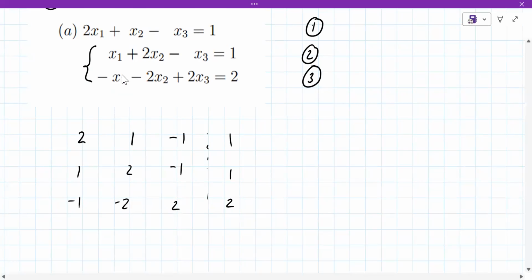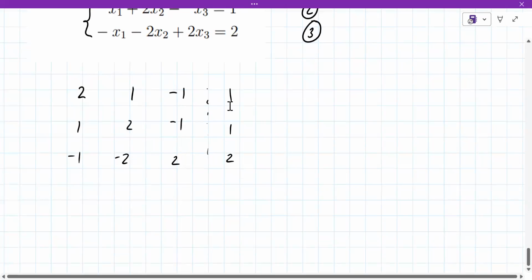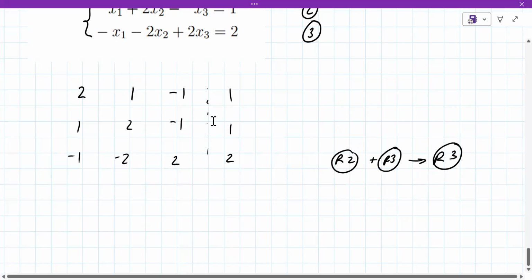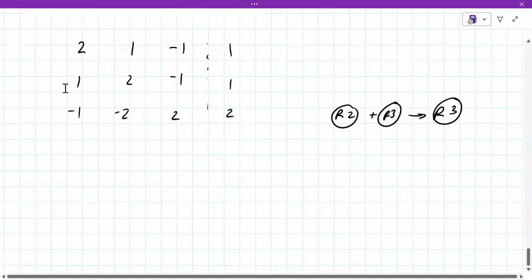So what I do is I take row one, or I'm sorry, row two, and add it to row three, and this is going to become your new row three. The reason is everything cancels except for this last one, which is really nice.